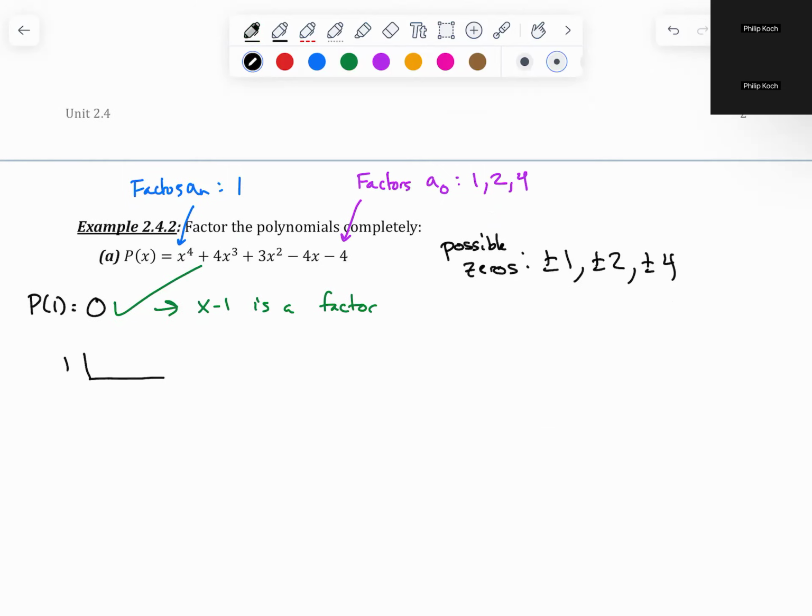1 divided into 1x to the 4th plus 4x cubed plus 3x squared minus 4x minus 4. All powers of x are present. Go ahead and do the synthetic division.